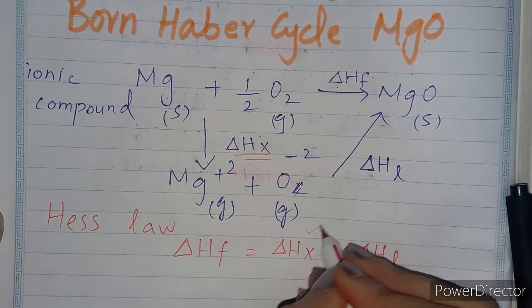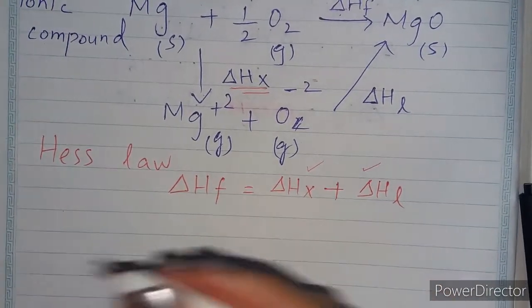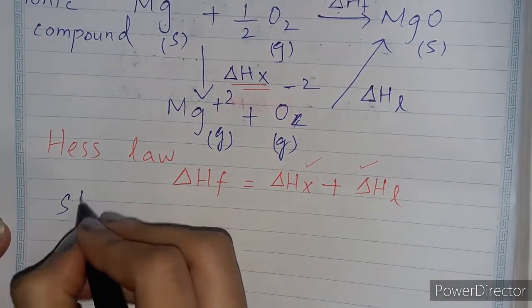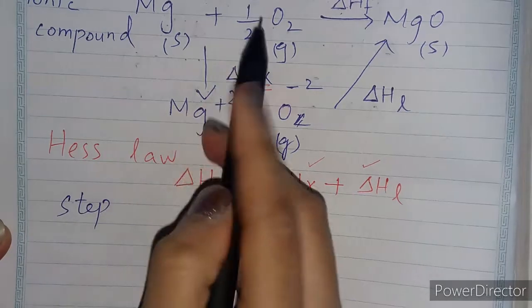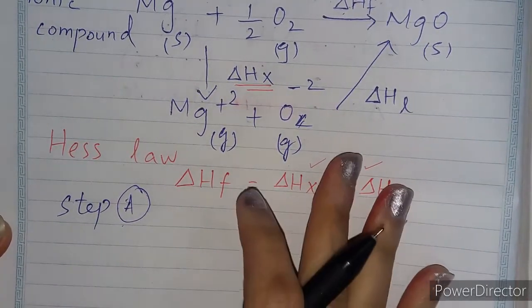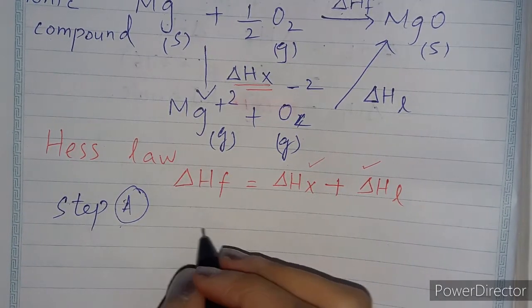We have to find these. So first of all, for ΔHx, step A, which involves 5 enthalpies in this case.